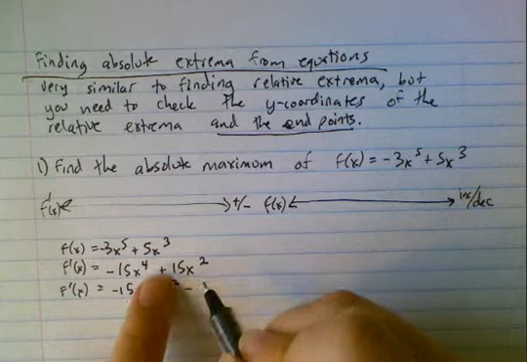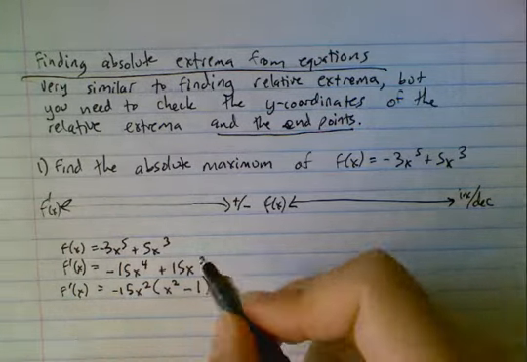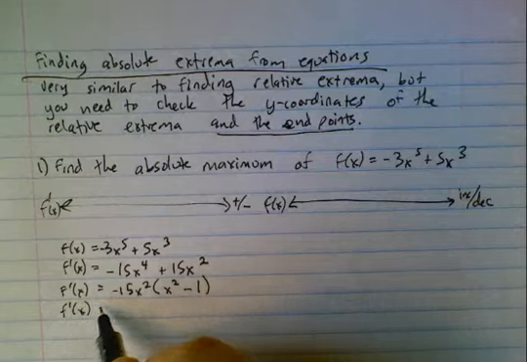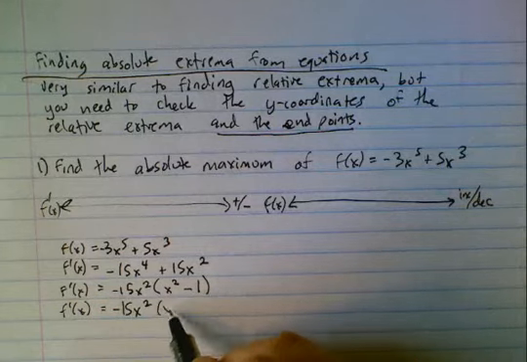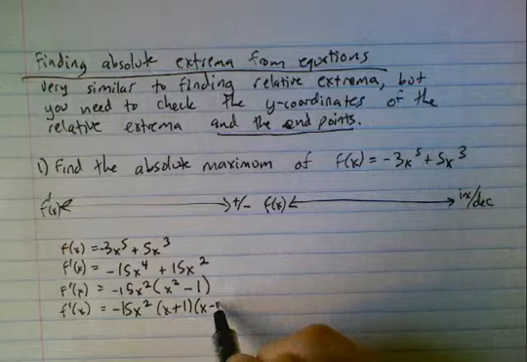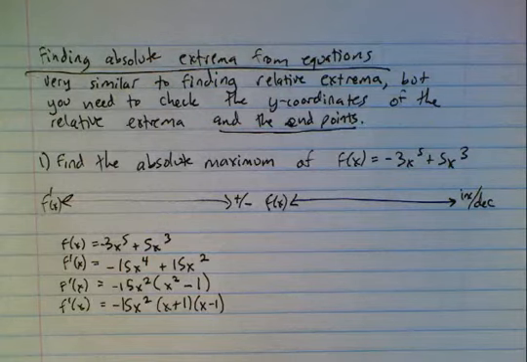We factored out a negative, so this is a minus 1. We can factor that further: x plus 1, x minus 1. If you factored it with negative x squared plus 1 and positive 15x squared, you'll still get the same answer. You'll just have everything reversed from what I'm doing here.